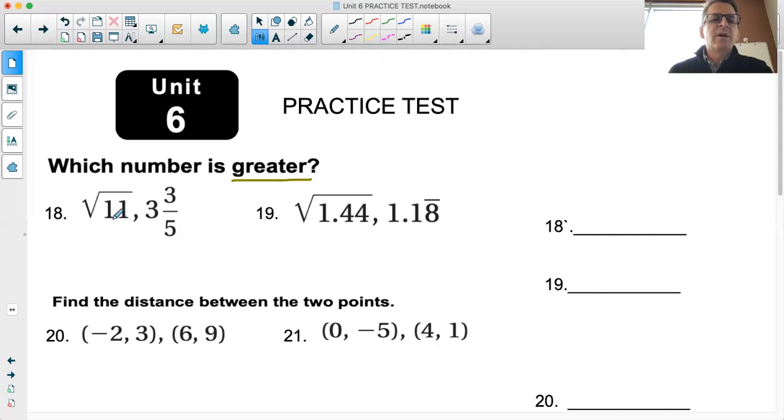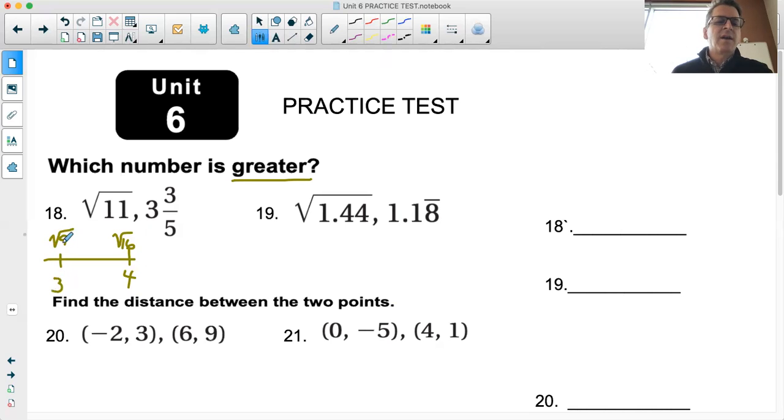The square root of 11, if you had to find a guesstimate, is between the square root of 16, which would be 4, and the square root of 9, which would be 3.